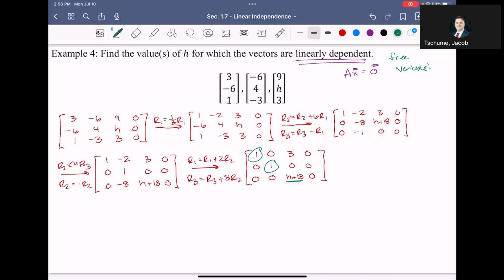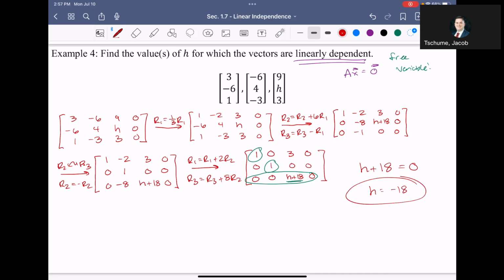So if you want to force this to be linearly dependent, you need to force this last row to be all zeros. That can simply be done by taking h plus 18, setting that equal to 0, and if you solve, h must be negative 18. That's the only way to force a row of all zeros and thus forcing x3 to be a free variable.